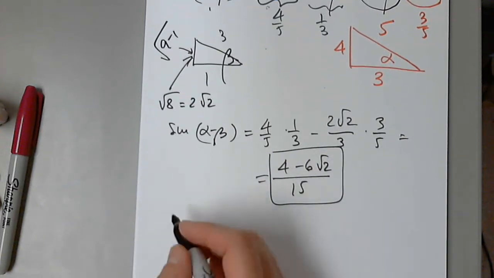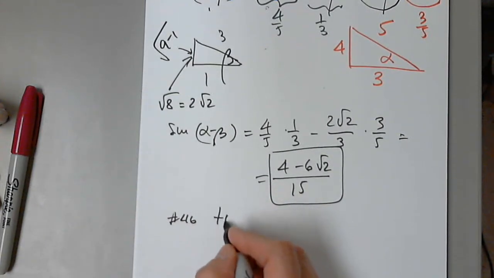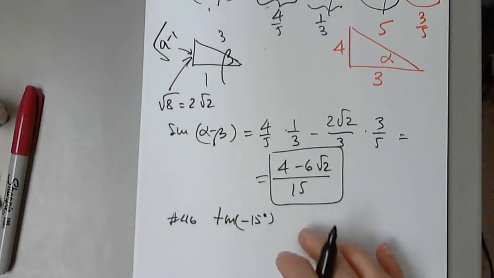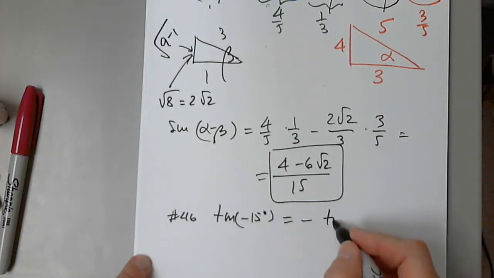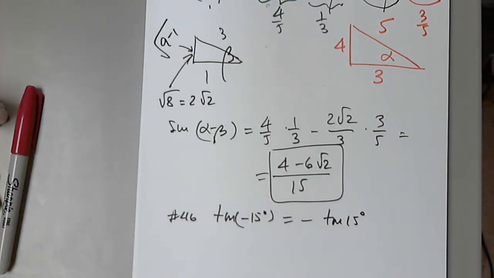Okay, so first we start with 46. Tangent of negative 15 degrees. First of all, I know tangent is an odd function. Excellent. I refuse to work with negative angles, so this is negative tangent 15 degrees.